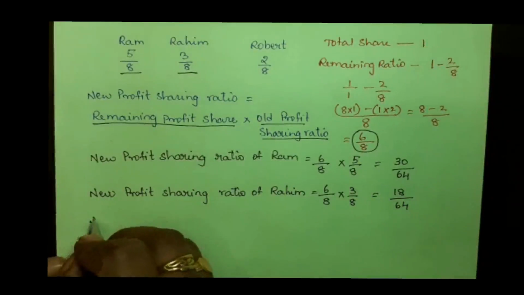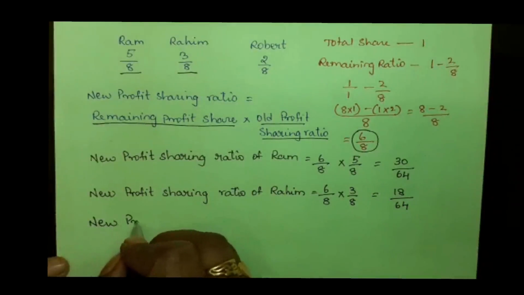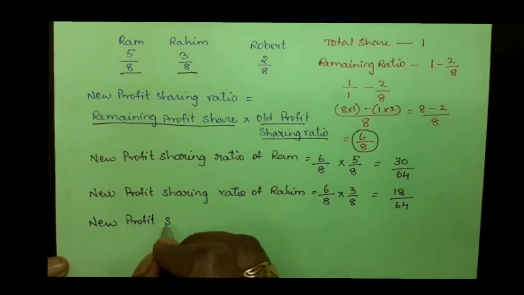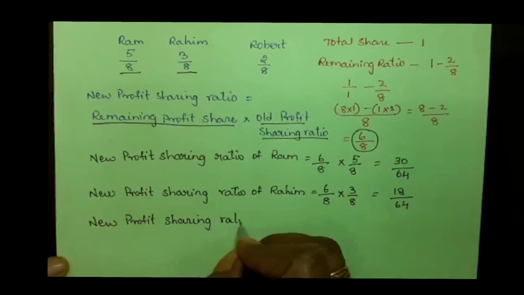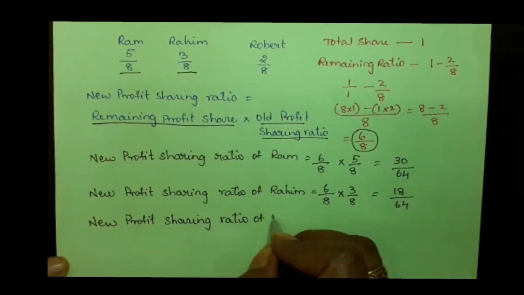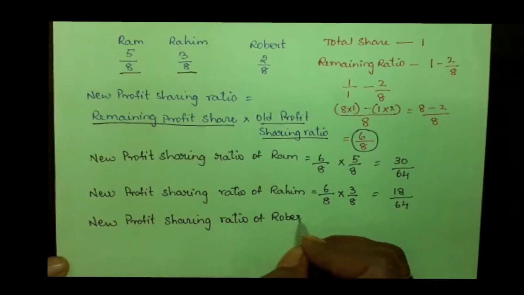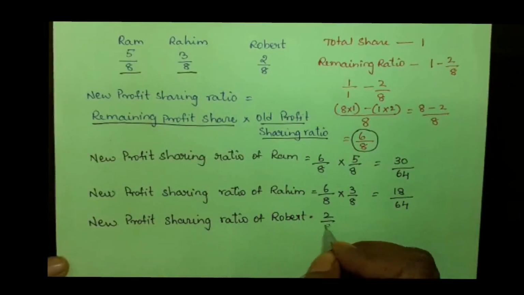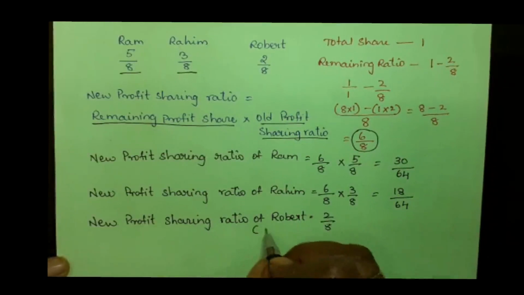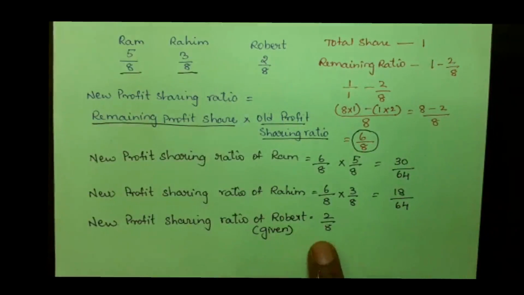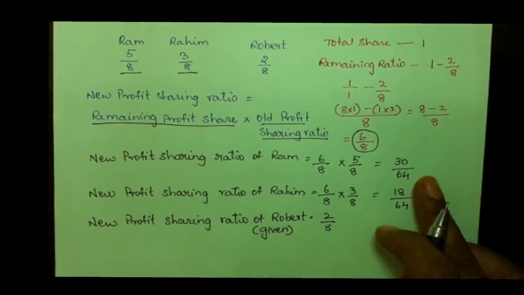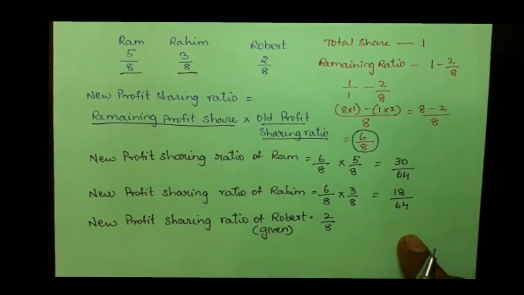Now the new profit sharing ratio of Robert is already given in the question. It is 2 by 8. Now whenever we want to write anything in ratio form, all the denominators should be the same.